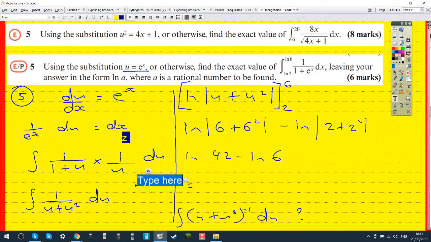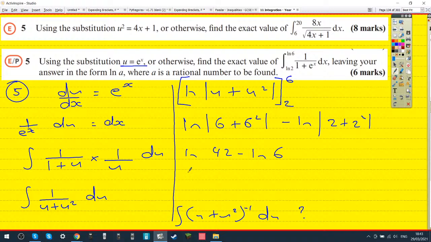Sure don't. You're going to have to do it manually. So are we going to do ln 42 over 6 or something? Well done.